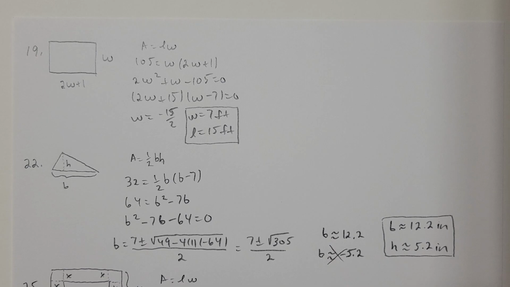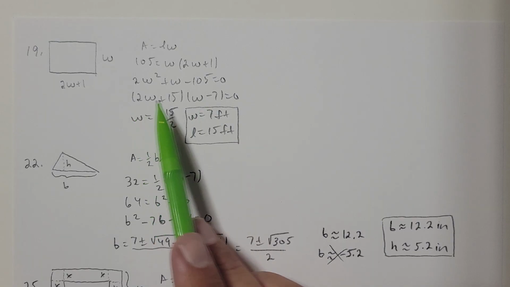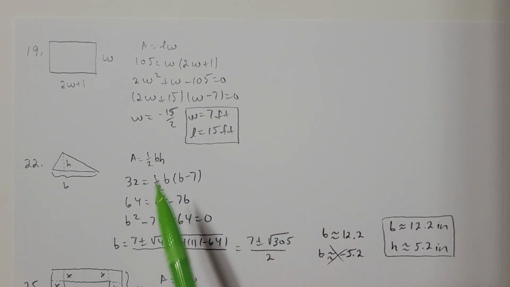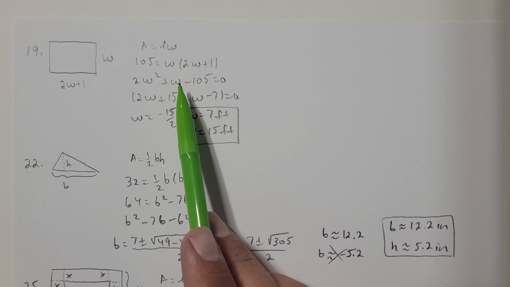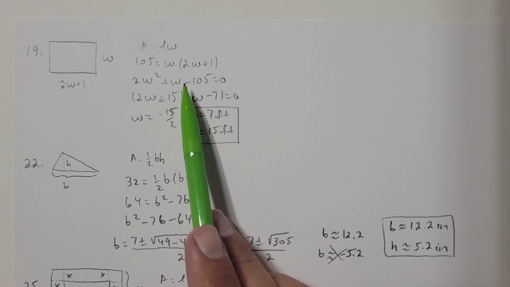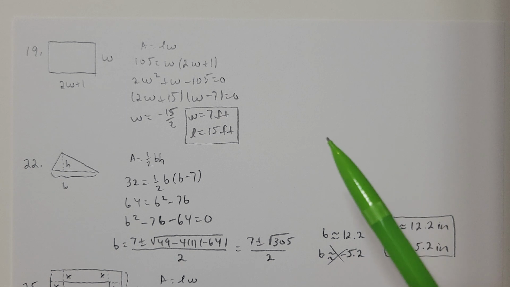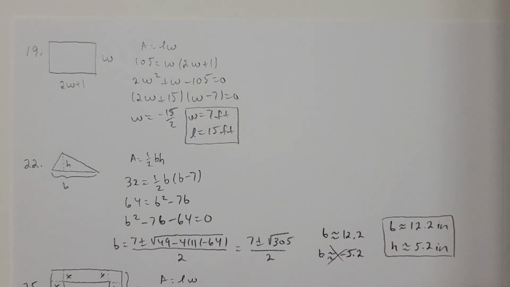So, again, the first thing that I want to think of is, if this factors, this one will factor. The factors of 2 are 1 and 2, so it'll be 2W and W. And let's see, I know the signs have to alternate, plus minus, or minus plus, because it's a negative 105 at the end. 15 times 7 is 105.